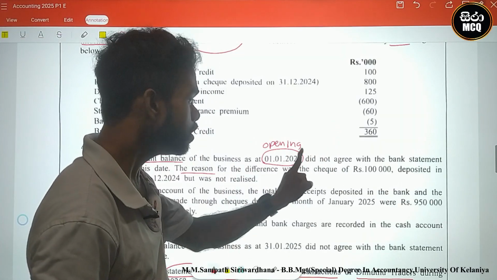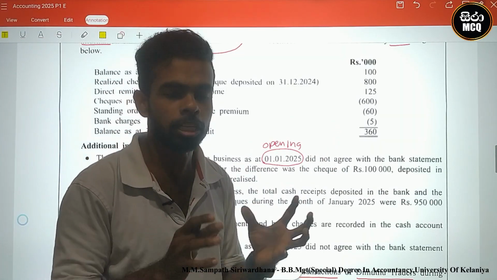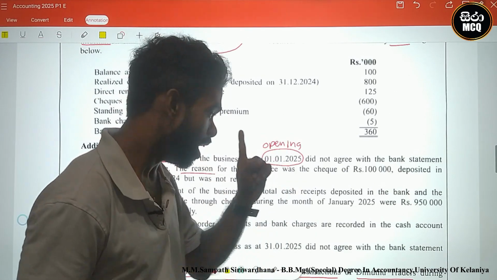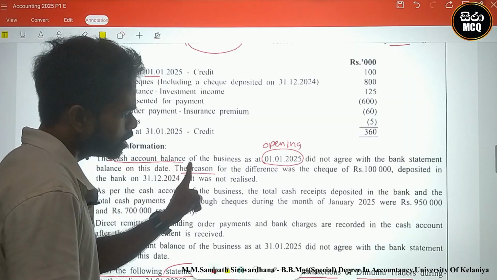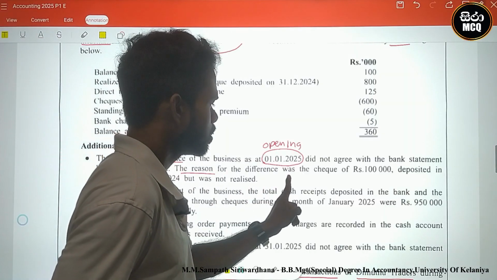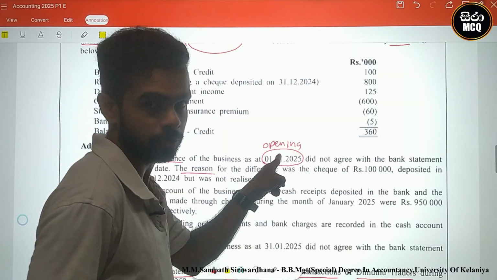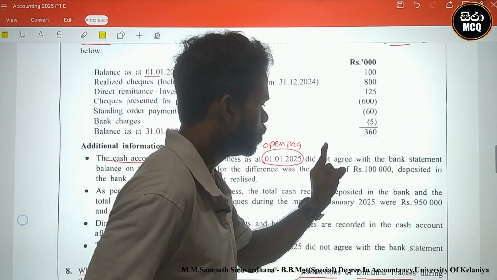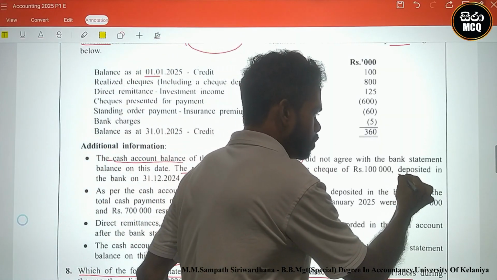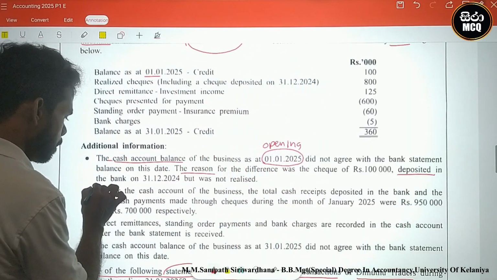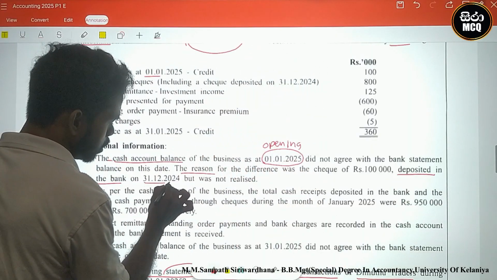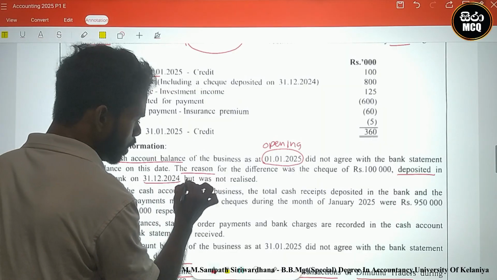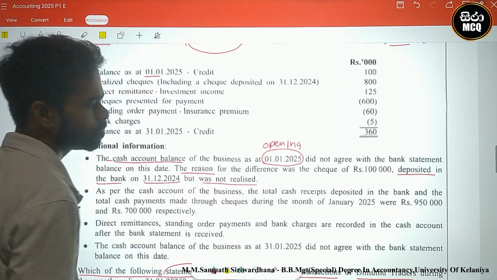Why? Did not agree. Agree means equal. Did not agree means unequal. The reason for the difference was, what is the difference? The opening difference was a cheque of 100,000 deposited in the bank on 31st December 2024, but was not realized.